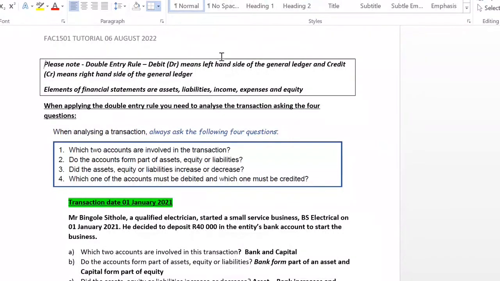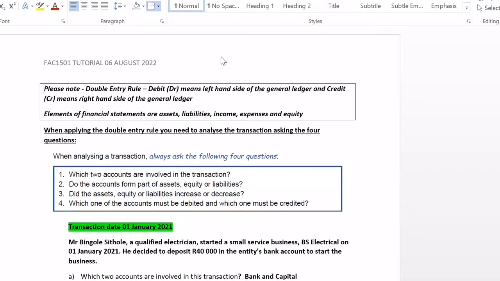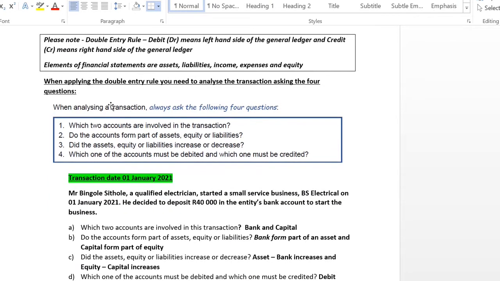So basically, what are you debiting or crediting in the general ledger? You'll be debiting and crediting assets, liabilities, income, and expenses. Those are the elements of financial statements that you'll be debiting or crediting in the general ledger.